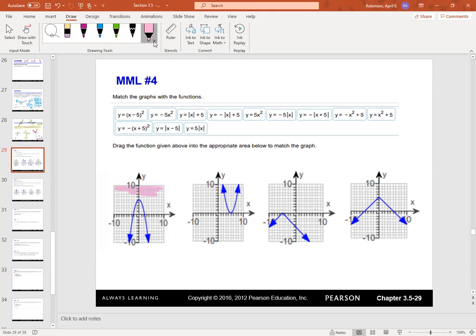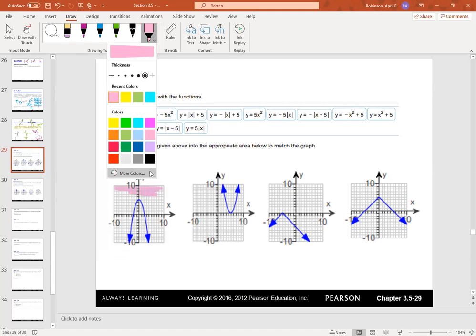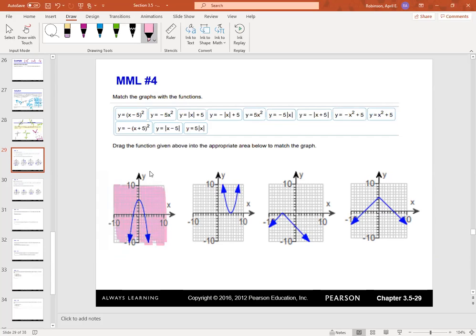When I'm looking at this one, it's an upside down parabola, right? So at a minimum, I know that it has to be something with an x squared in it. And it's upside down, so it's got to be a negative x squared, right? So anybody that has a negative and an x squared, this has a negative x squared, so it could be this one.